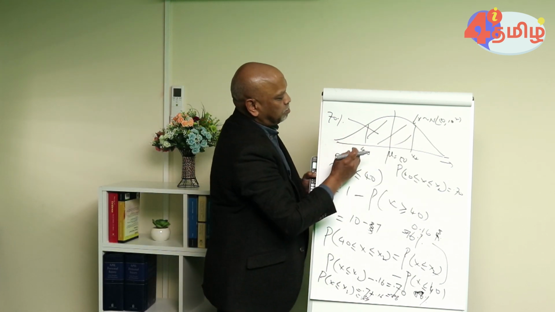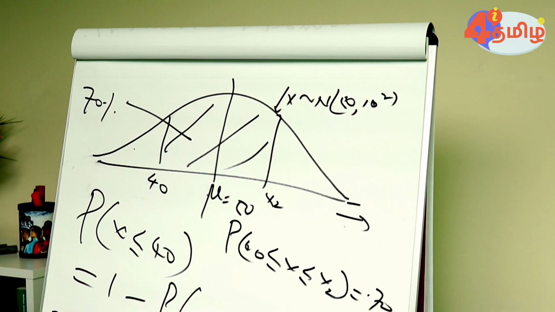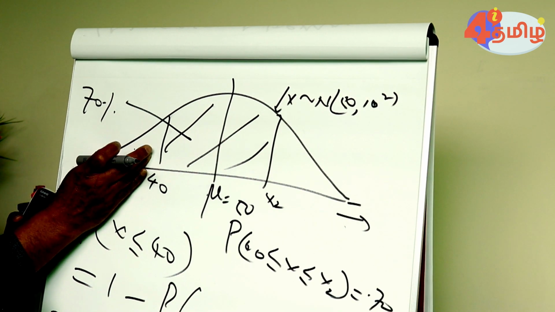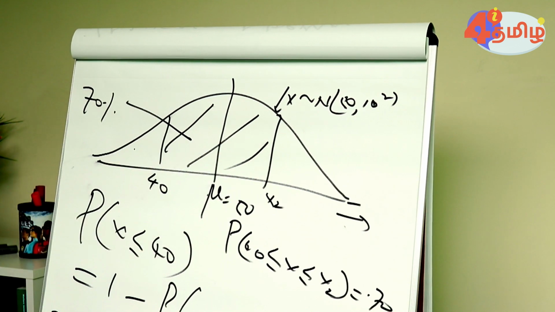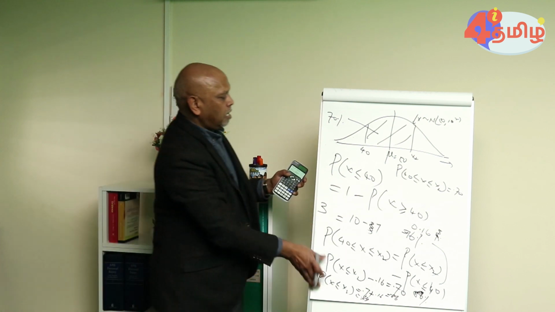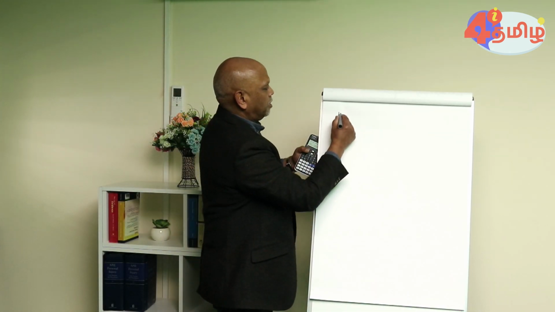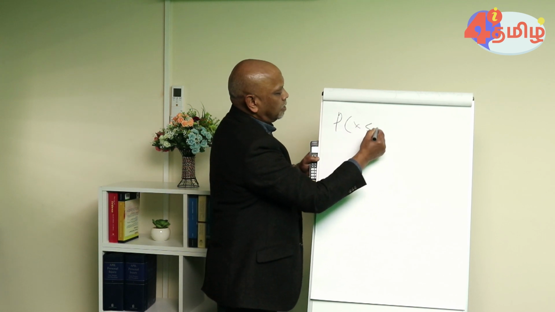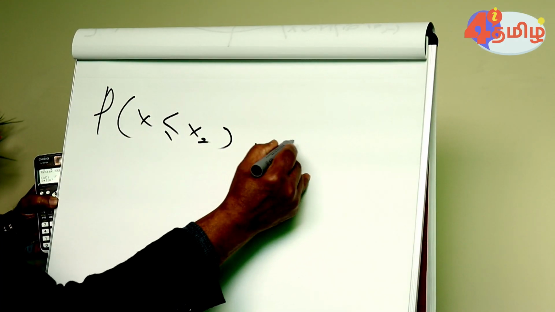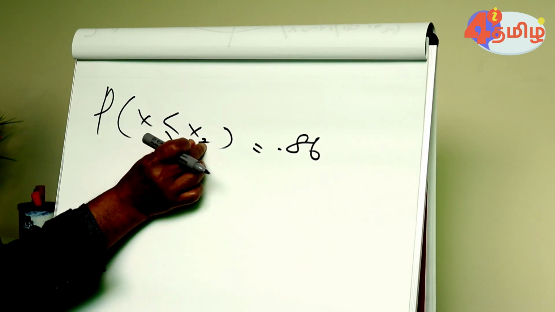Because this bit is 70%, of course the whole thing is 86%. This bit 16%, plus 70%, is 86%. Right, now I got 0.86 for this. So P(x less than or equal to x2) equals 0.86. Now we know the area, we need to find this value.